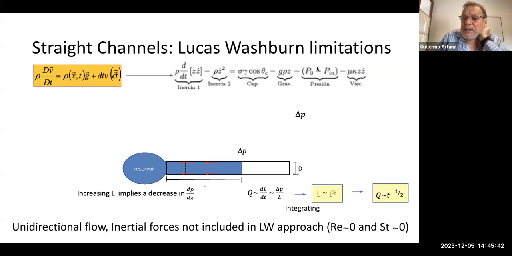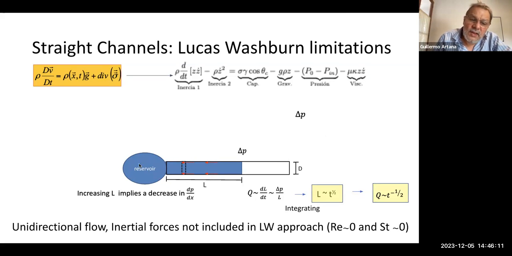This is the pressure difference between the reservoir and the head of the channel where you have the meniscus; otherwise, in general, this term is null, as you have the same pressure in the reservoir and here. And also you have the viscous terms.